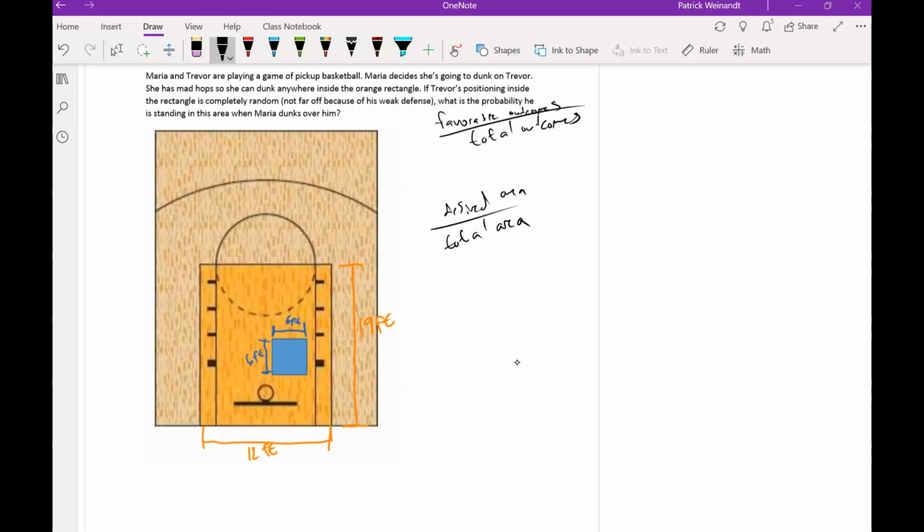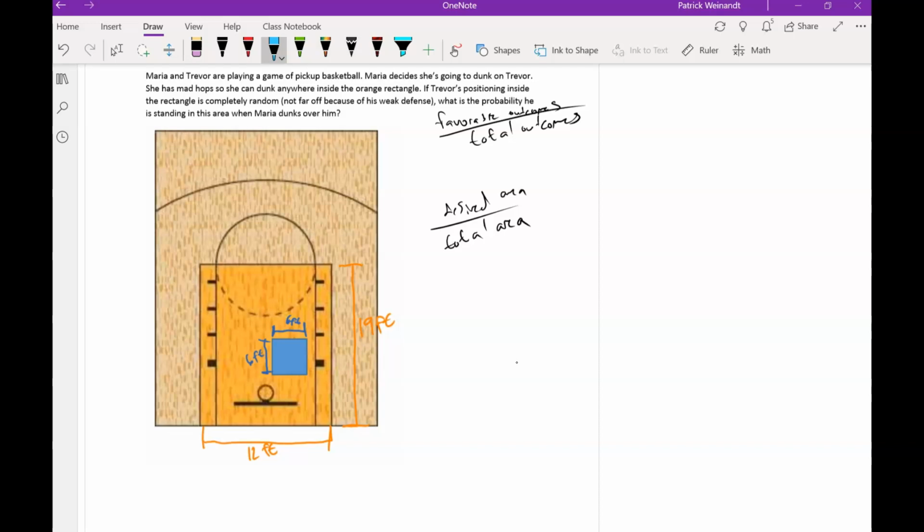That's similar to theoretical probability. Your total area would represent your total outcomes, and your desired area is your desirable outcomes. So what's the probability that he's in the orange rectangle? Well, assuming they're in the paint the whole time, it's going to be 100%.